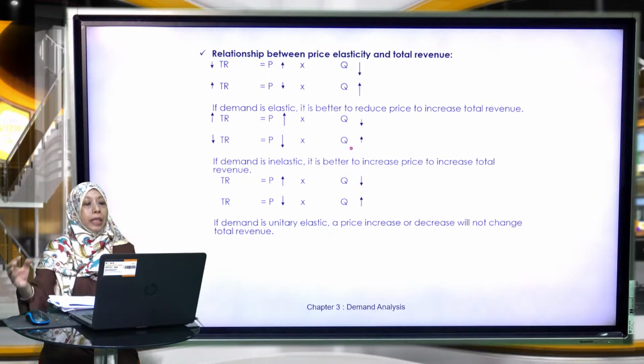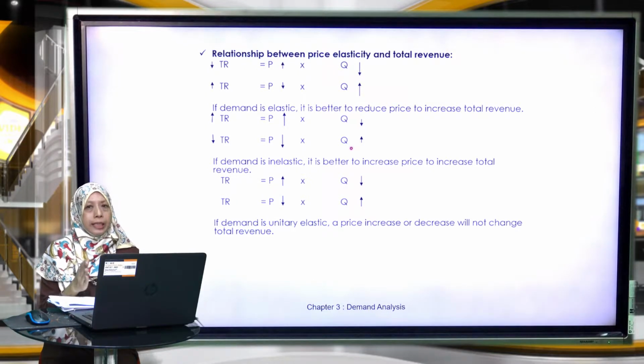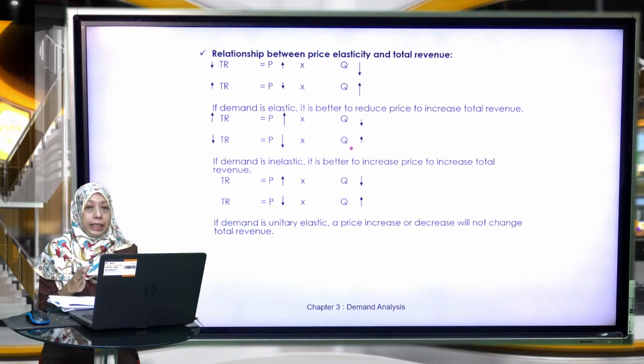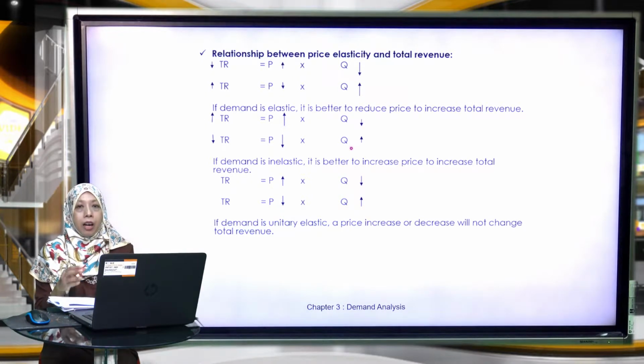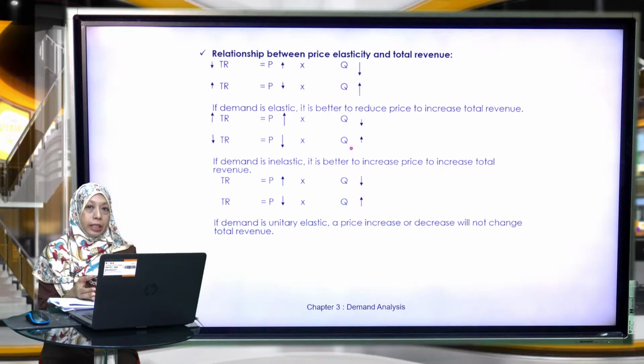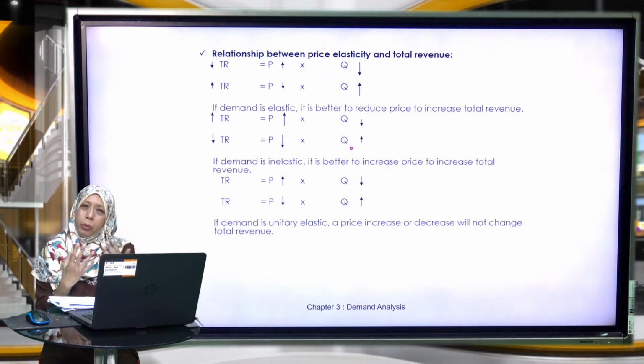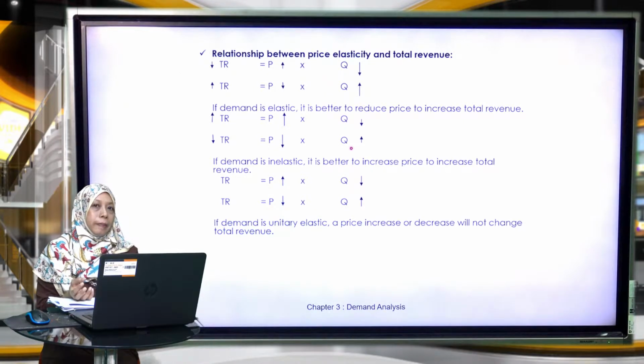Okay, so based on these guidelines, you can see that if a company is able to identify the degree of price elasticity of demand for their customers, this will enable them to identify the pricing strategy. So in the case whereby your customers are sensitive towards price, always introduce a price discount. That will give you more sales.